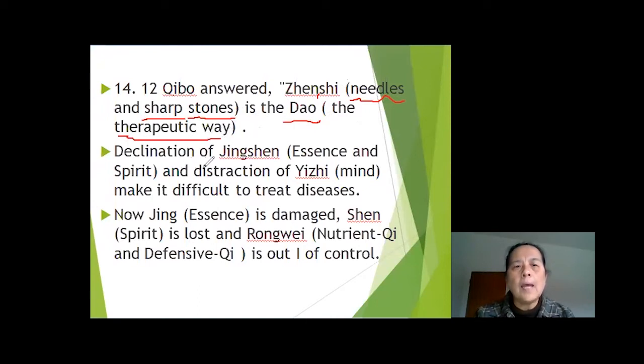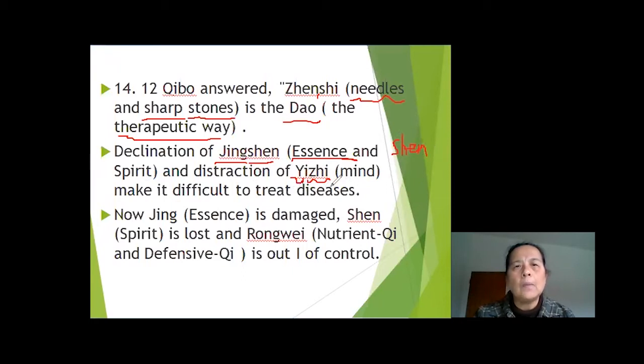And decline of 精神, 精 is the essence, 神 is the spirit. If 精神 declines, we are talking about 意志 as well. We say the heart holds the big shen, but each of the five organs holds a small shen.